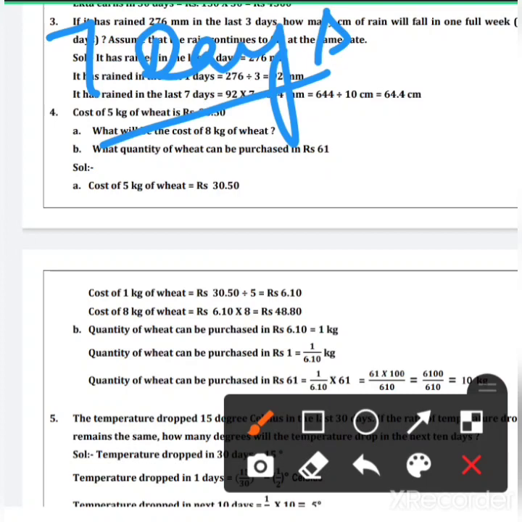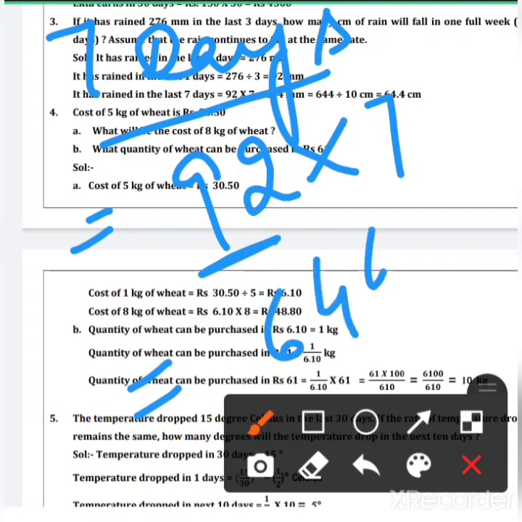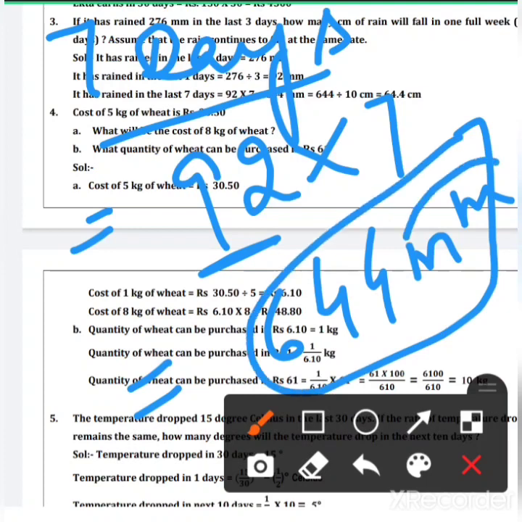It means in 7 days rainfall is 92 millimeter, because in 1 day rainfall is 92 millimeter, multiplied by 7, which is equal to 644 millimeter. As the unit is millimeter, but in the question we have to find rain in centimeter.